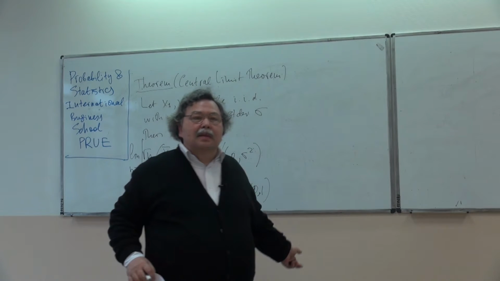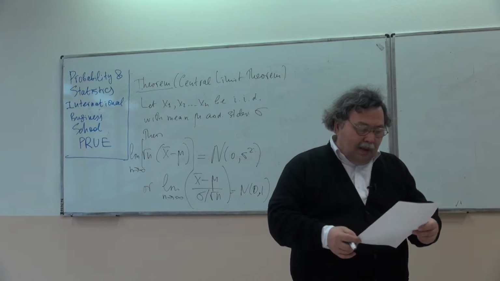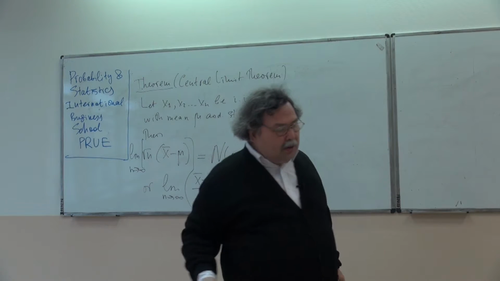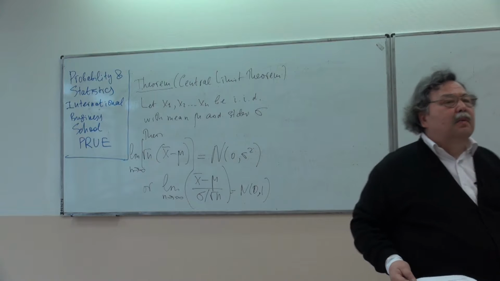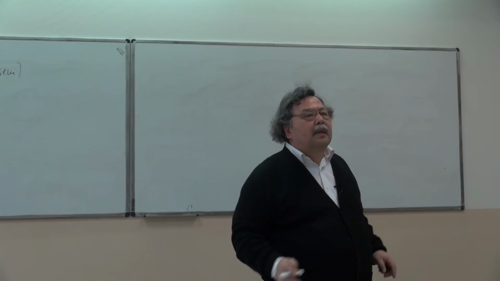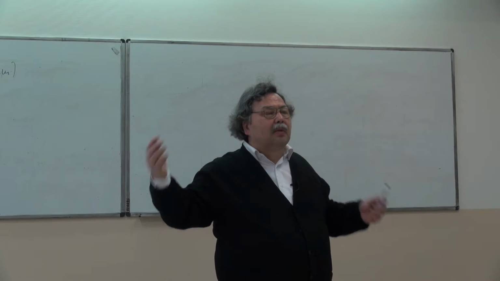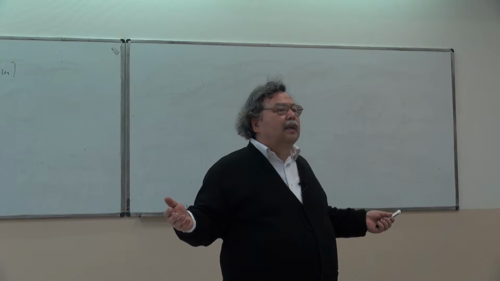Okay? But this is the nature of things. And this explains why the normal distribution is so widely observed, so often observed in nature and in economics and everywhere. Okay?